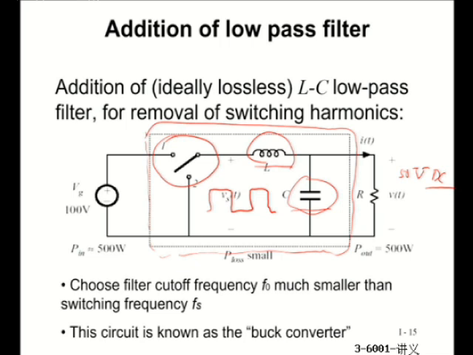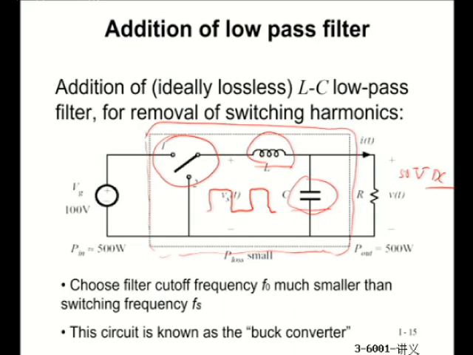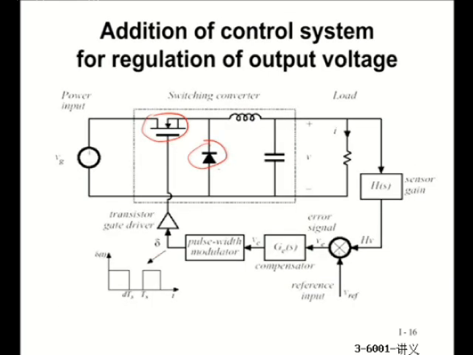And you may ask, how do we realize this switch? That's power semiconductor device. We use a MOSFET and a diode connected in this way. When we turn on MOSFET, it's going to be exactly like the switch put at position 1. When we turn off MOSFET, the current in the inductor will be freewheeling through this diode.